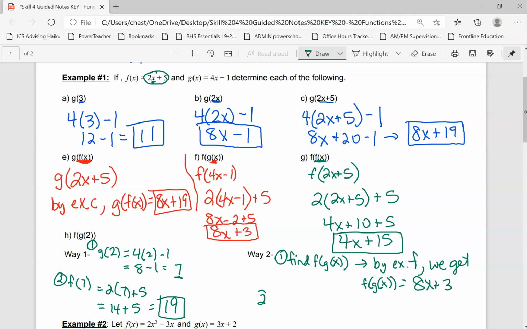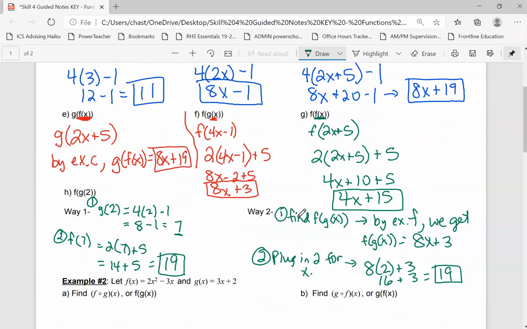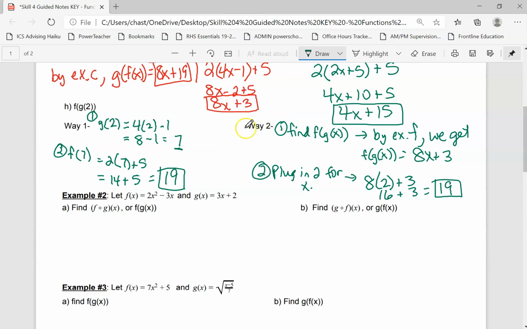That would be our first step, and then step 2 would be to plug in 2 for x. So now we can find f of g of 2 by taking 8 times 2 plus 3, which is 16 plus 3, and we get 19. So we still get the same value. That's how we can evaluate numerical compositions.